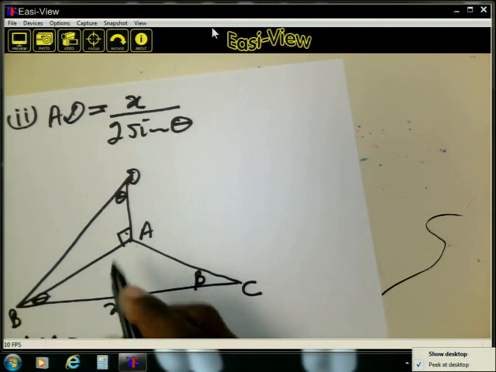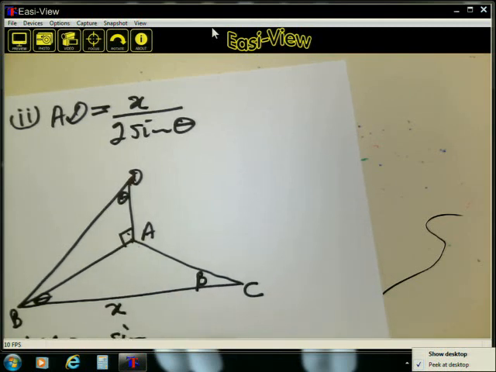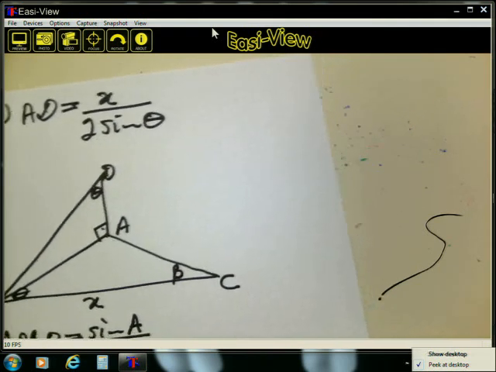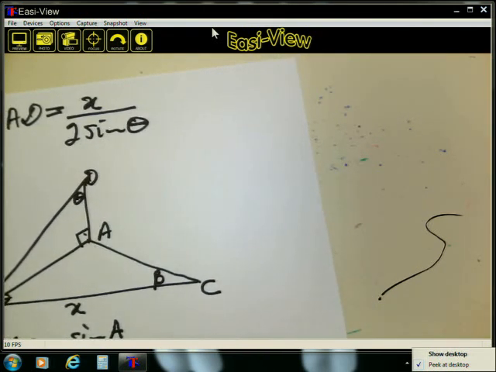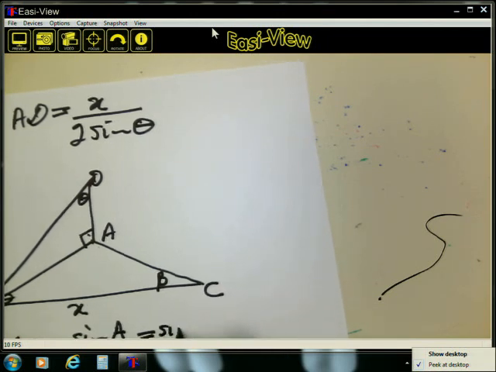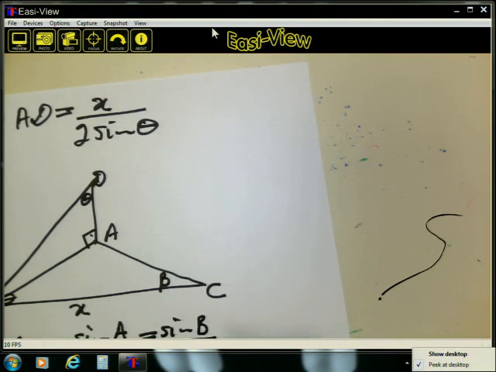Sine A over a, which is BD, is equal to sine B over small b, which is AD in this case.